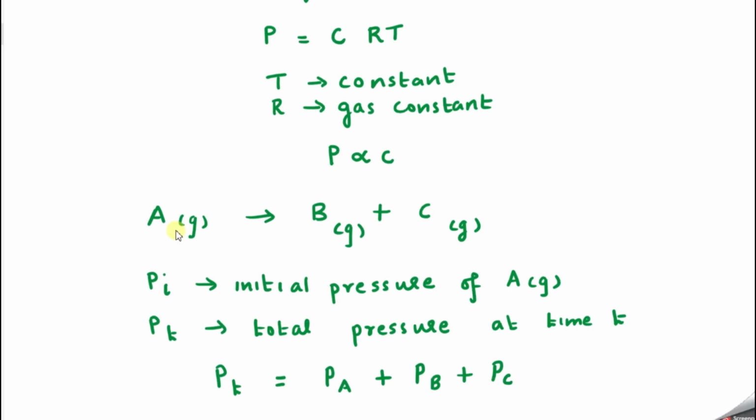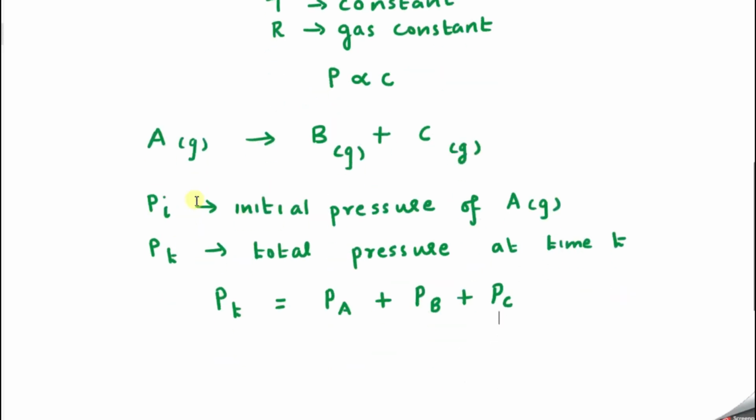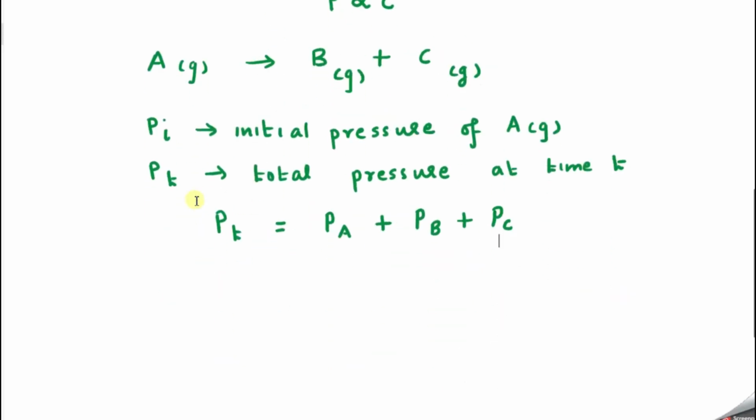I am talking about an intermediate stage, that is, the complete A has not converted into B and C. Only some moles of A get converted into B and C, so some amount of reactant A remains. That exerts a pressure called PA. PB is the pressure exerted by product B, and PC is the pressure exerted by product C. So we understood PT is nothing but PA plus PB plus PC.